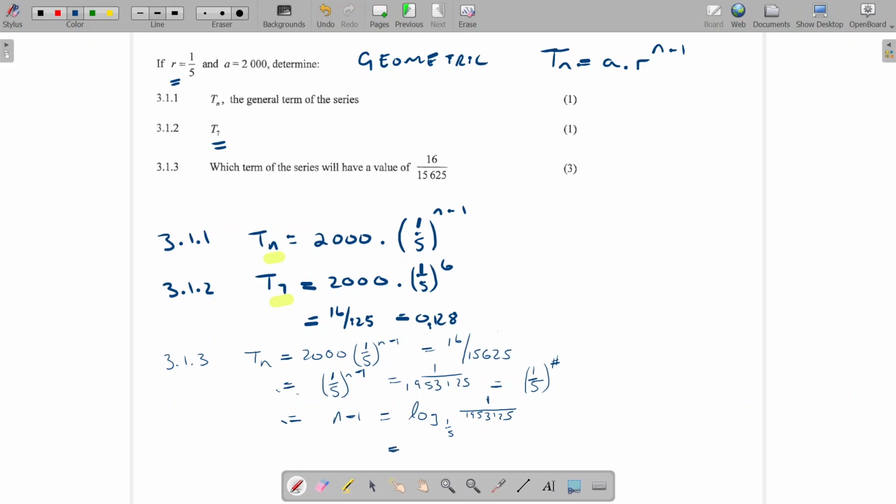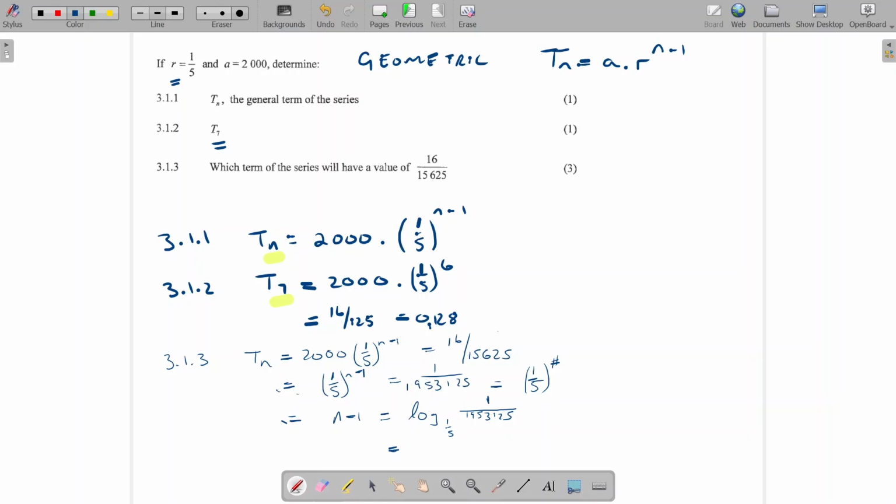And I do that, and it's so cool. Let's have a look. Log, and it gives me an answer of 9. So n minus 1 equals 9. So therefore, the 10th term of the series will have that value of 16 over 15625. Please remember, I'm not looking for n minus 1, I'm looking for n.